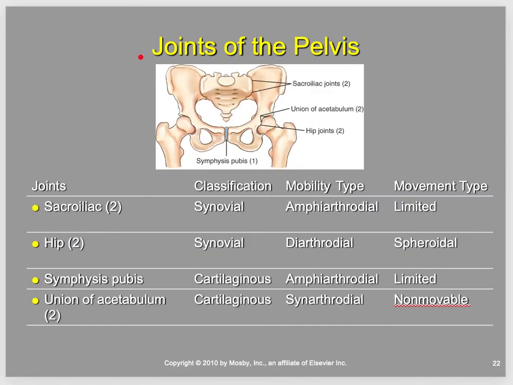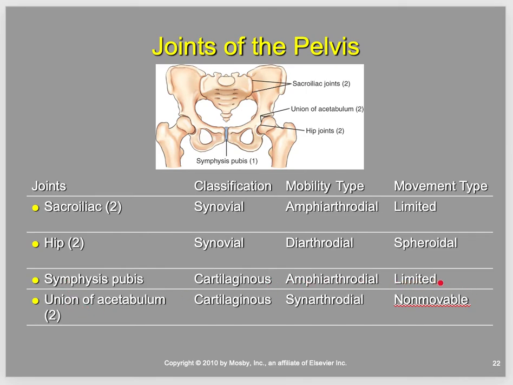So here's a little table of the joints of the pelvis. So the movement, the joints, you have the SI joint, sacroiliac joints, synovial, amphiarthrodial, limited movement. The hip is synovial, diarthrodial, spheroidal. Your symphysis pubis is a cartilaginous joint, amphiarthrodial, and limited movement.